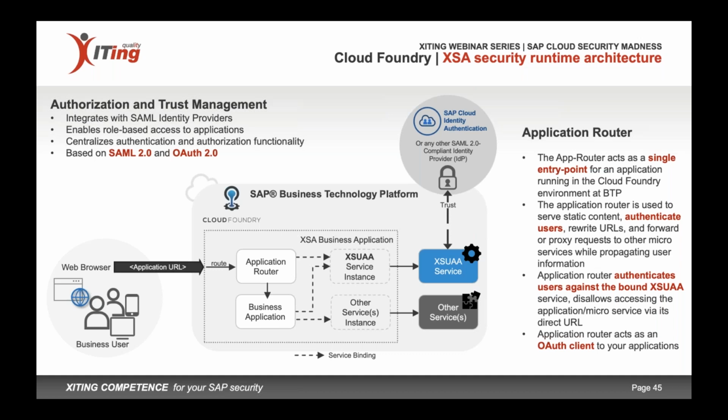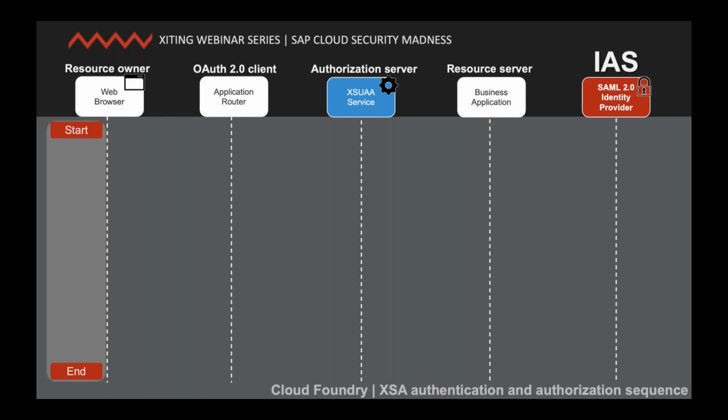So now let's take a closer look at the authentication flow, the authorization and authentication sequence that we use here. As we can see, we now have some more components involved instead of just the user, the IDP, and the application. So in this SAP implementation of Cloud Foundry, the OAuth 2 client is more or less represented by the application router.